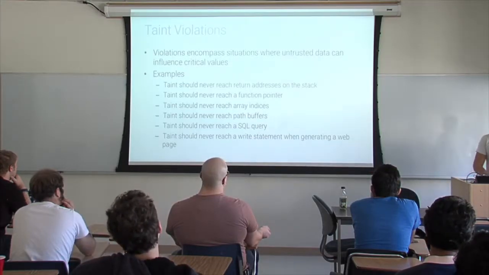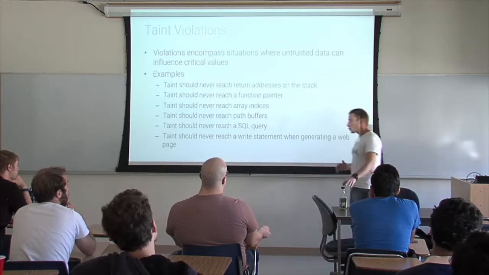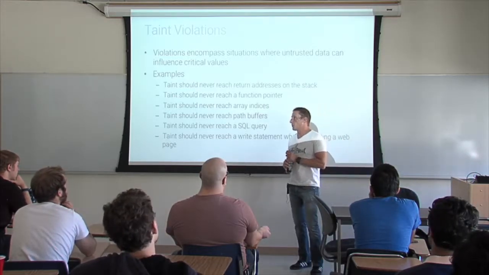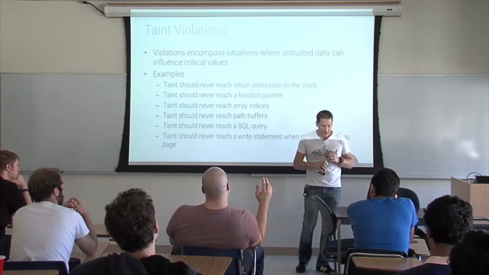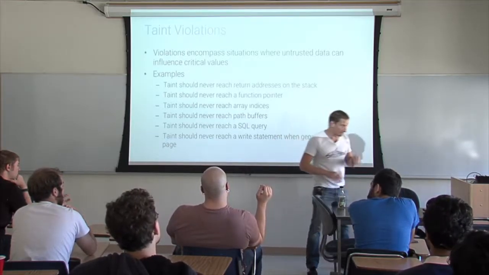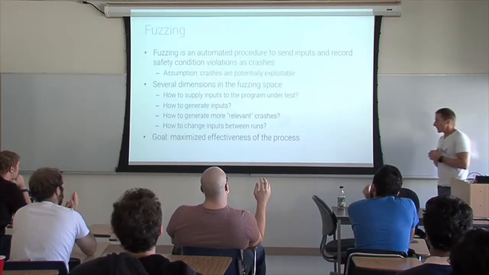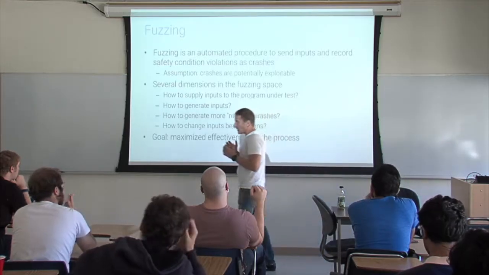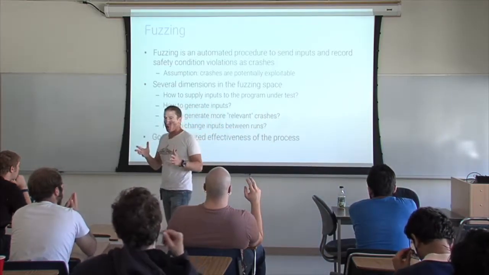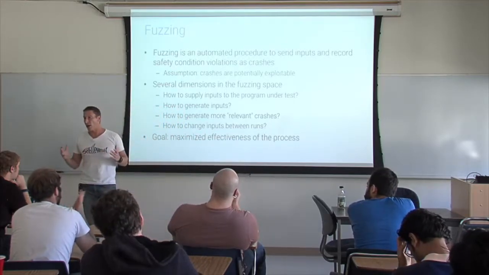And something that has really become super popular in the past few years has been fuzzing, which is a very interesting form of dynamic analysis. The basic idea is that you throw random stuff at a program and you see if it crashes.